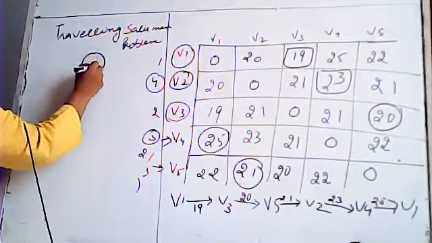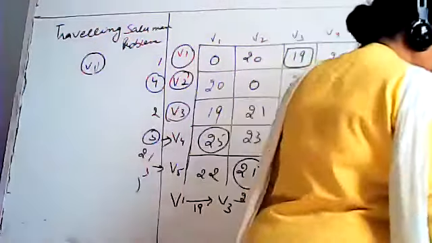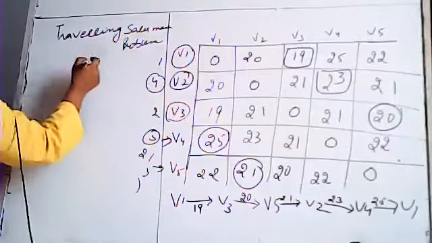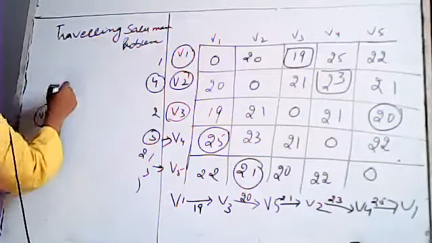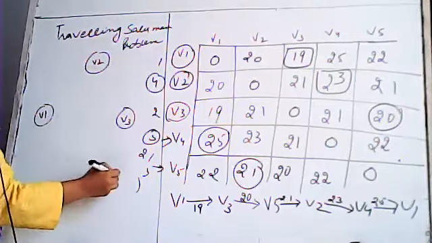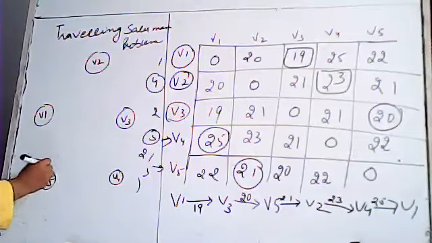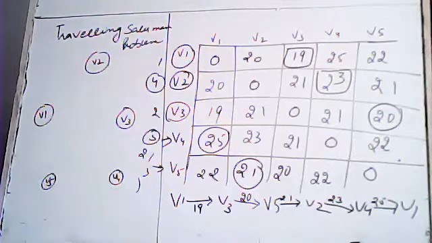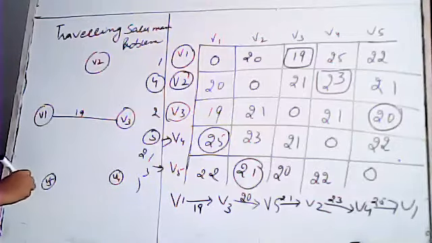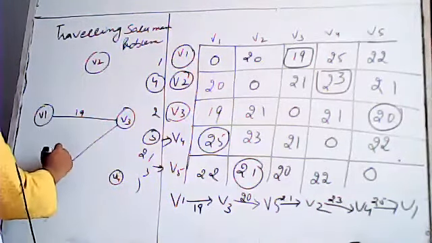What was this edge earlier? Let me check. V2. So let me draw V1, V2. This was V3, this was V4, and this was V5. V1 to V3 it is 19. Then V3 to V5 it is how much? 20.